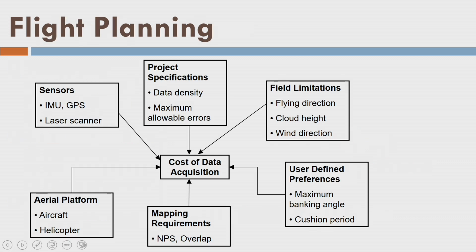Now consider all these factors: sensors, project requirements, and field limitations that I already explained. Then we have some user defined preferences like cushion period of the pilot or maximum banking angle for the flying crew. Then we have mapping requirements like the overlap and the data density or nominal pulse spacing. All these things contribute to the cost of the data acquisition. When we integrate all these factors together and plan the data acquisition by a simulation exercise, this simulation exercise is called flight planning.